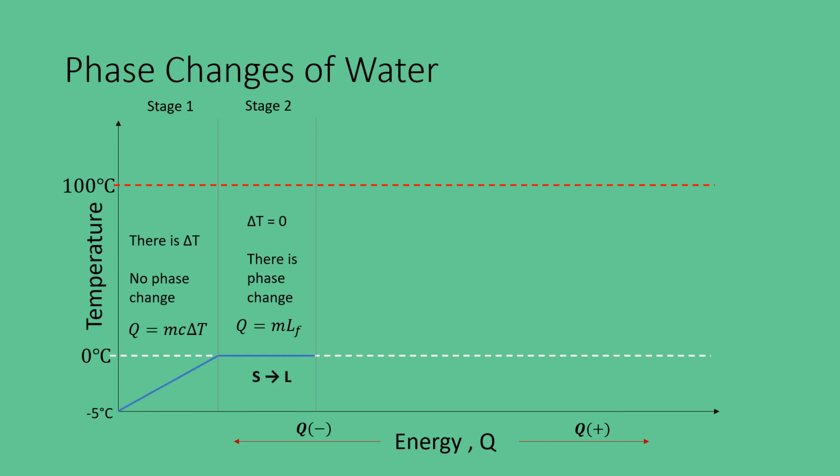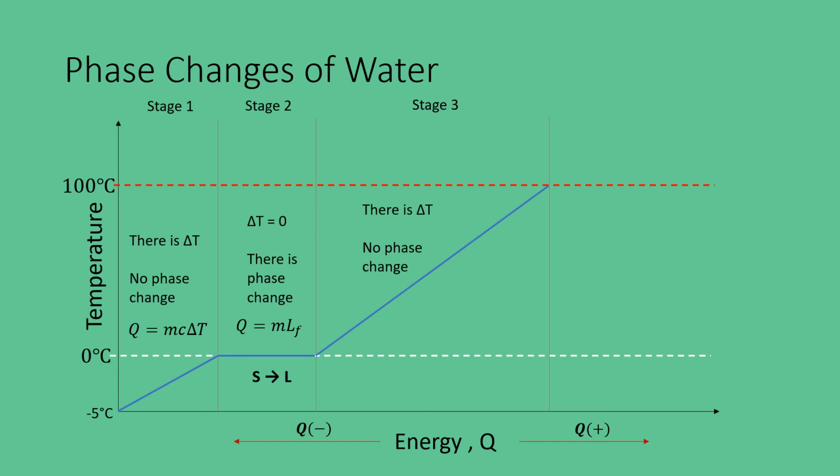Now, as we continue to add heat to the water, and now water is at liquid phase, it will now increase its temperature going up to 100 degrees Celsius. This is now the stage 3, wherein obviously there is a change in temperature.